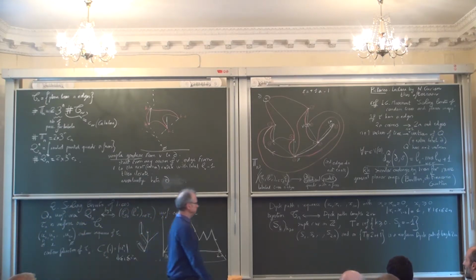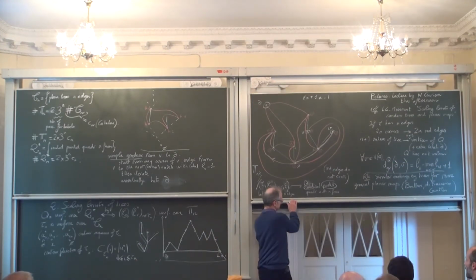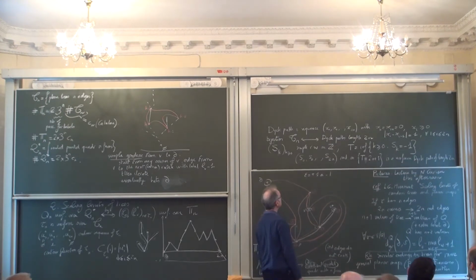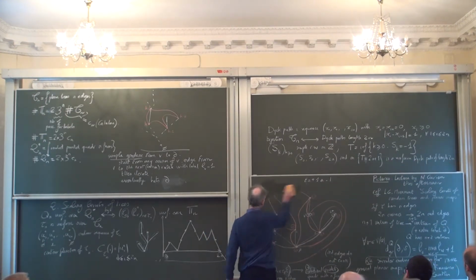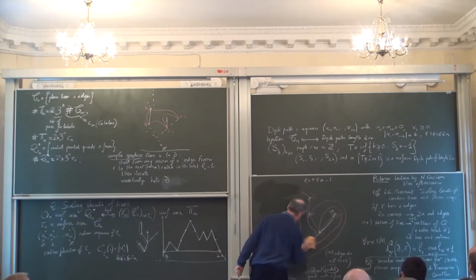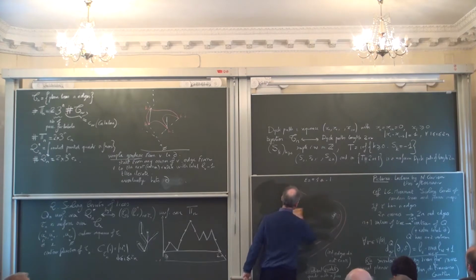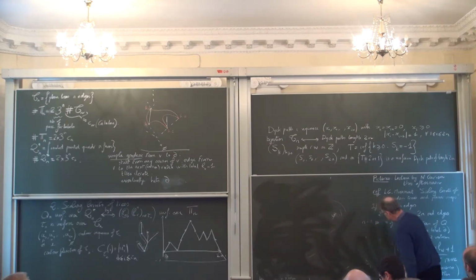So this is a very simple observation, but I'm going to use it to understand now the behavior of the contour function of my uniformly distributed tree with n edges.